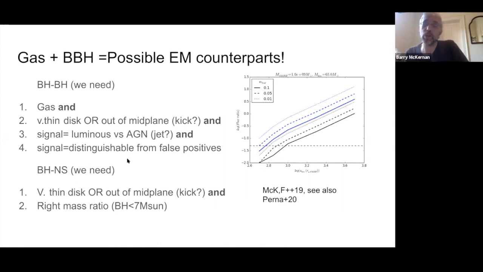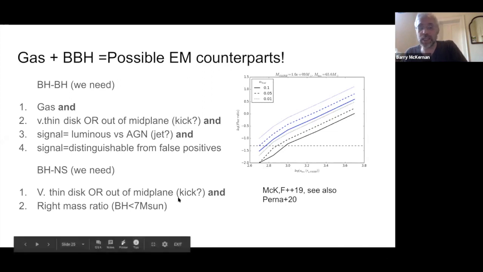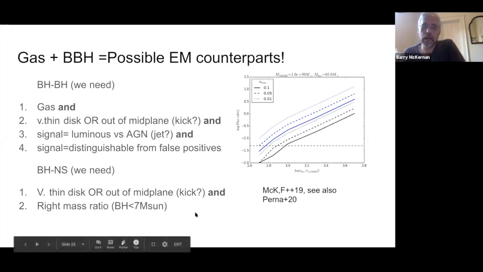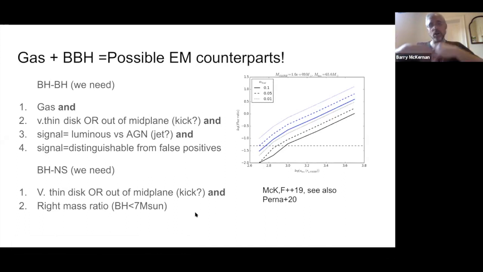For black hole neutron star mergers, we're going to need the same sorts of things as for black hole mergers. So you'll need something like a very thin disk, that's possible in some AGN disk models, or a kick out of the midplane. Otherwise, if you don't get kicked out of the midplane, all of that luminosity that you generate from your signal is just going to get washed out into the infrared and emerge over a time scale of years.